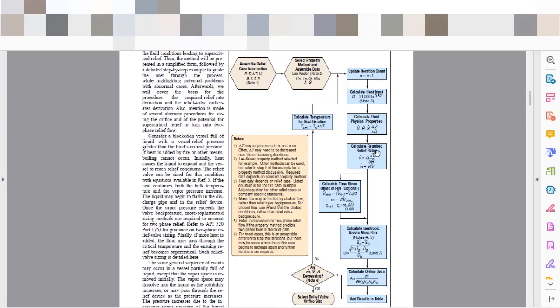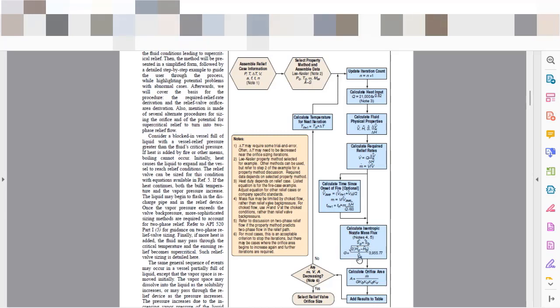With that, we will be able to calculate the volume flow of the fluid and also the mass flow of the fluid. Considering that in the relief conditions we will have a choked condition that leads to an isentropic release, we will be able to calculate the mass flux of the system based on isentropic conditions.